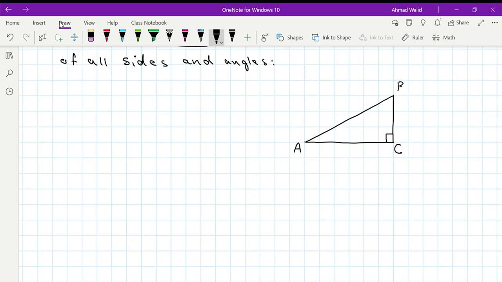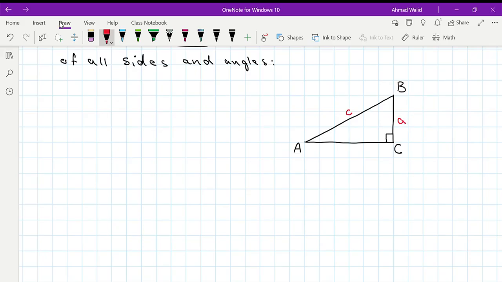It's kind of accepted. And also I told you that the side that is in front of angle C, we always denote with lowercase c, and that's your hypotenuse. The side that's in front of angle A, mark it as lowercase a.